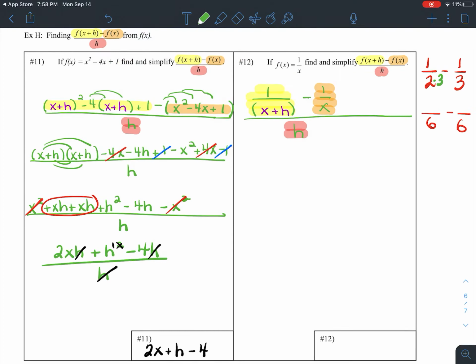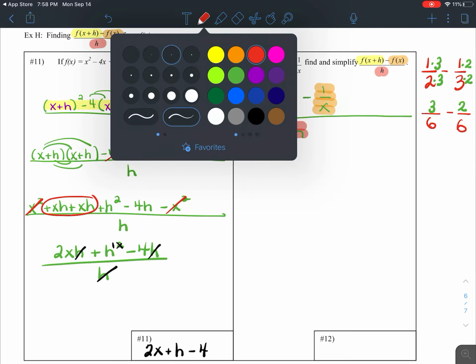So if I want my common denominator to be a 6 in this example that I made up, I would have to ask, what would I need to multiply the 2 by to make it a 6? And whatever I did there, I'd have to multiply that numerator by the same thing. And whatever I'm multiplying the 3 by to make it a 6, I have to multiply the numerator by that same thing.